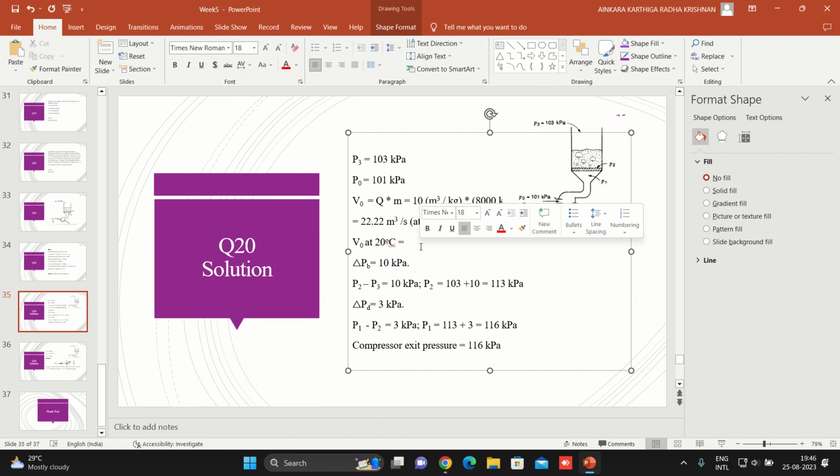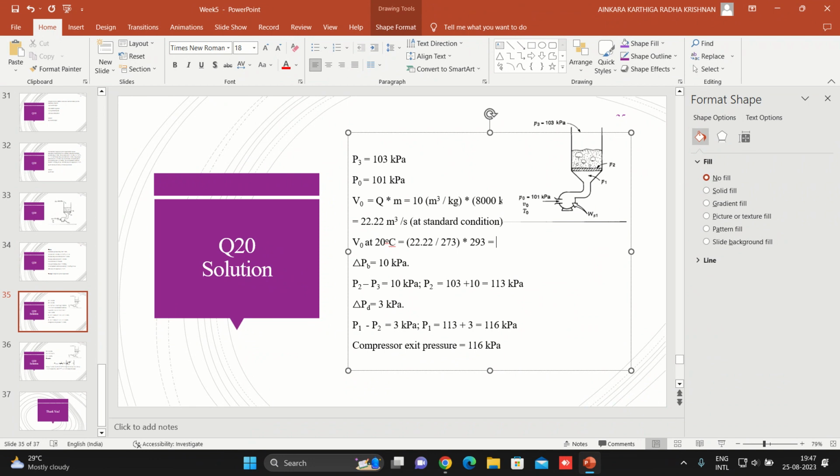V1 by T1 is equal to V2 by T2. So V2 is equal to 22.22 by 273, at 20 degrees Celsius, so we need to multiply it by 293.